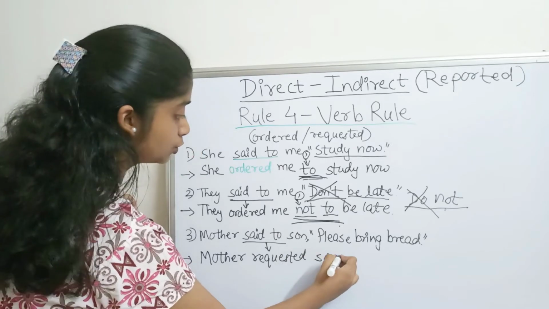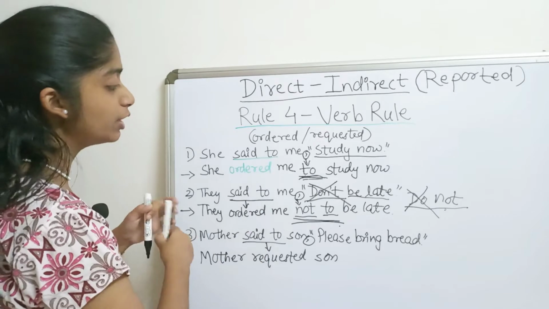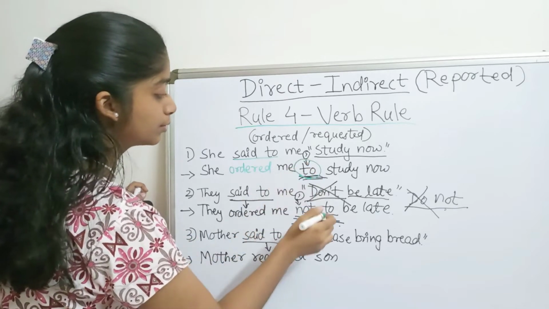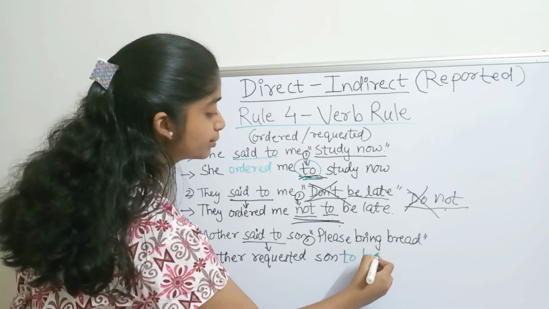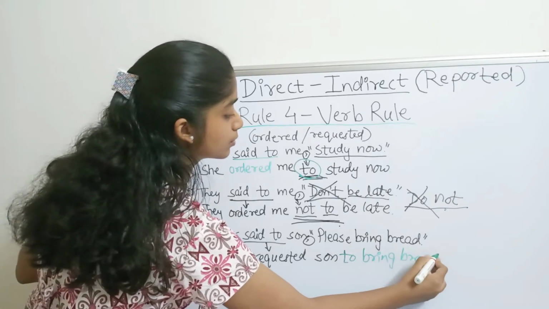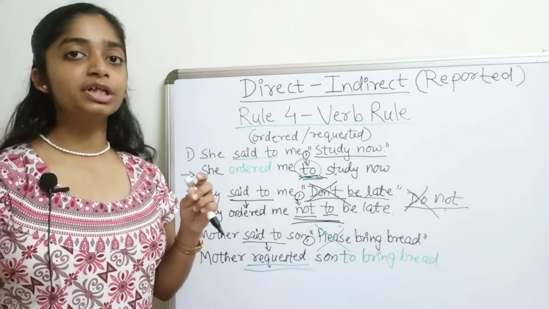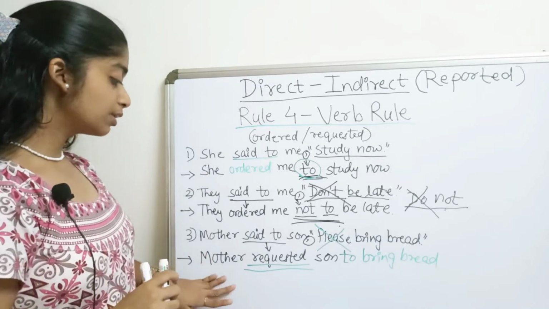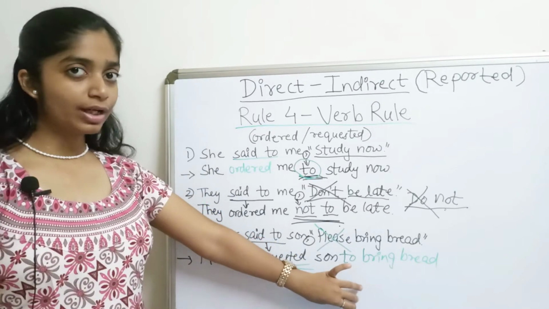Son, instead of the comma I told you we will write to. To bring bread. Now, why did we do so? Mother requested son to bring bread. This is your final answer.